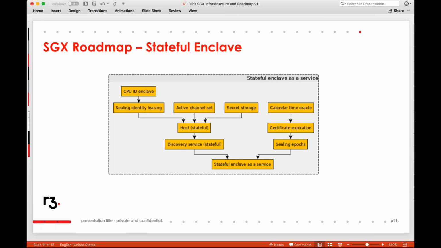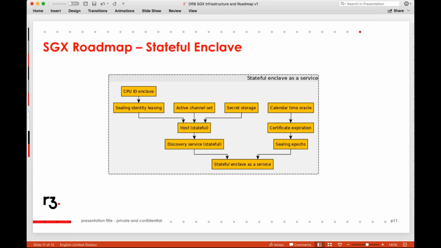Well, it can lazily request the key in the background from other enclaves, and then it will be provisioned, and then you can just keep going as if it always had the key. So we can propagate the state in the background without disrupting functionality, so we can scale in that regard.